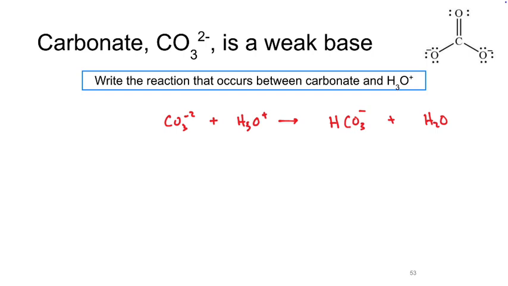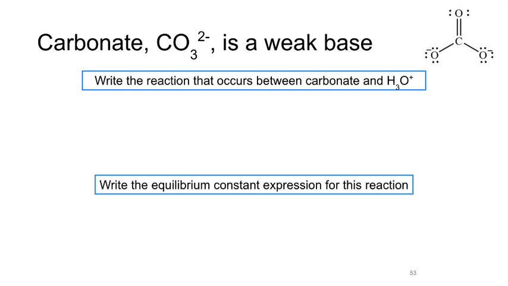The follow-up question, because you've now got the chemical reaction in front of you, I can delete it, is: write the equilibrium constant expression for this reaction. This one gets a little bit weird, because I would argue it's not a true equilibrium that we're dealing with here, because we're looking at that strong acid.